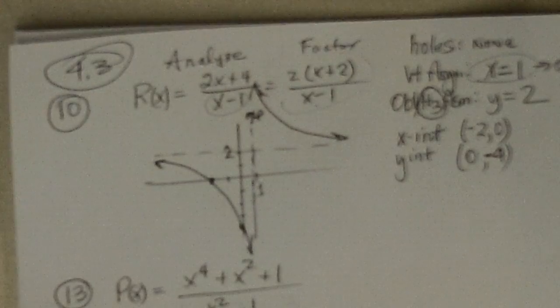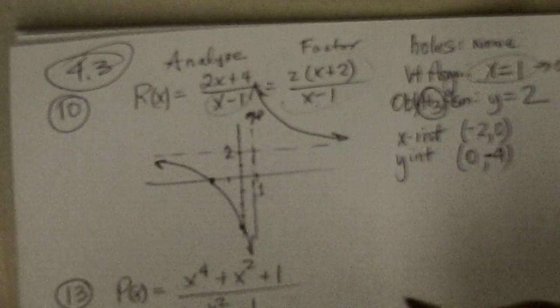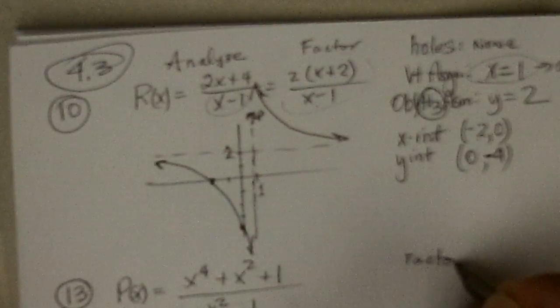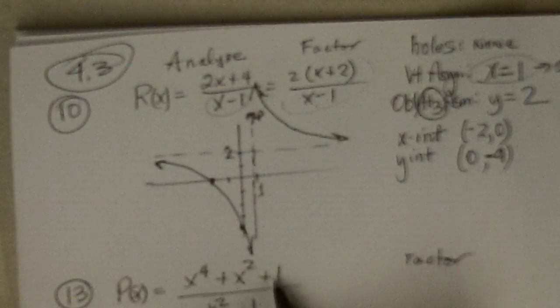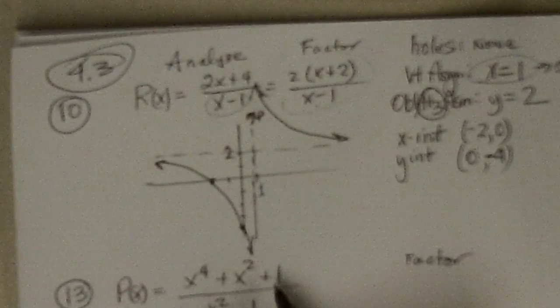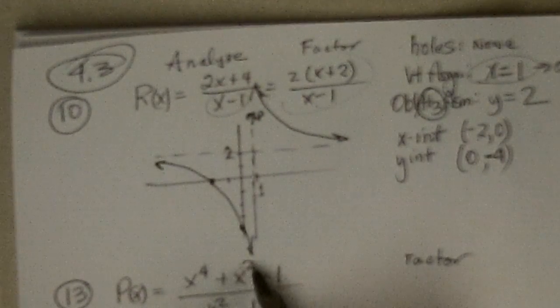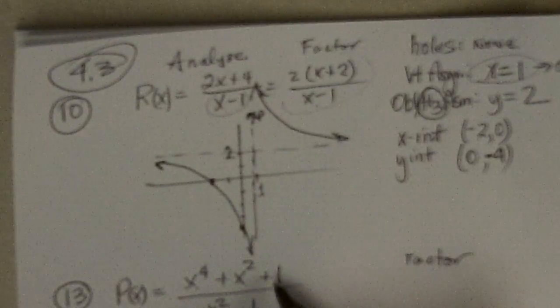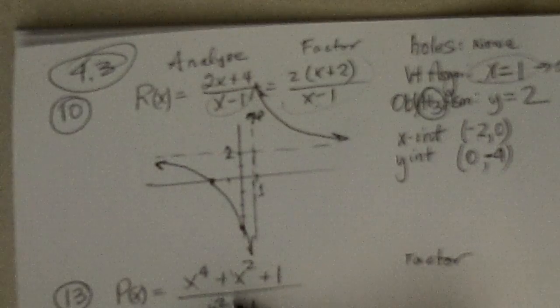That's number 10. Number 13. Factor. Let's see. Well, that doesn't factor. If it was 2x squared, it would factor to x squared plus 1 and x squared plus 1, but 1x squared won't factor.